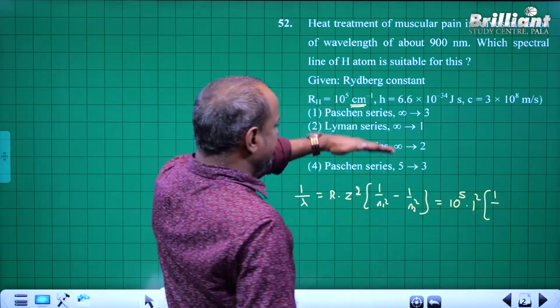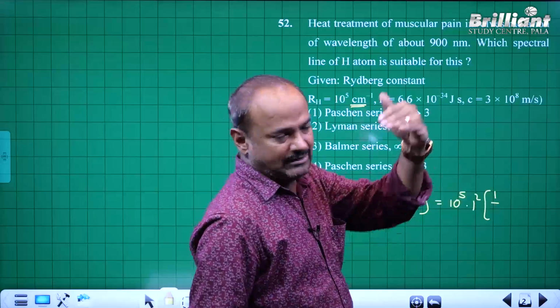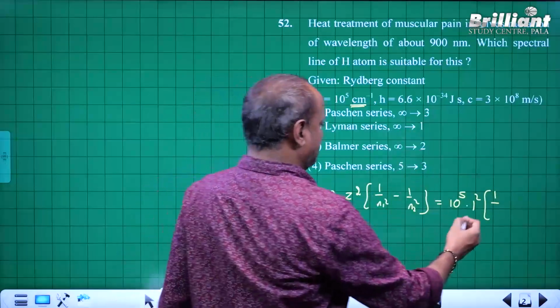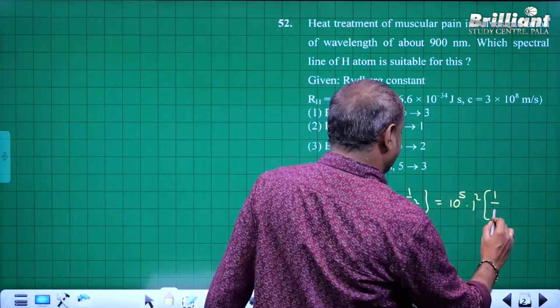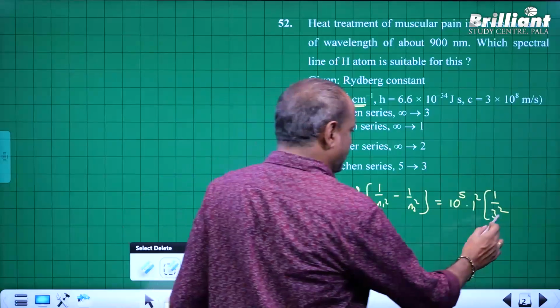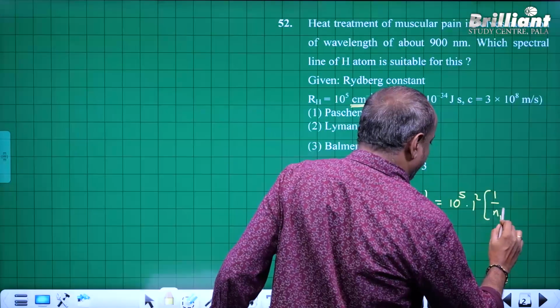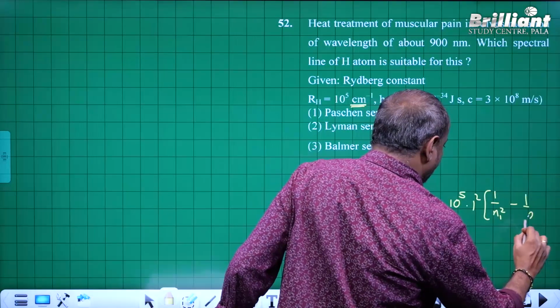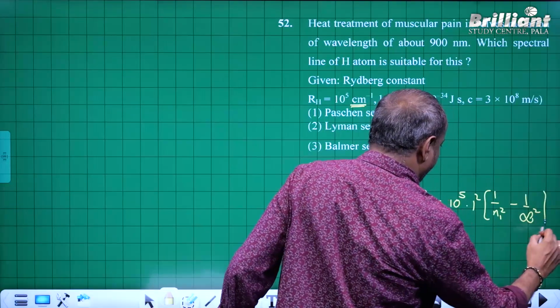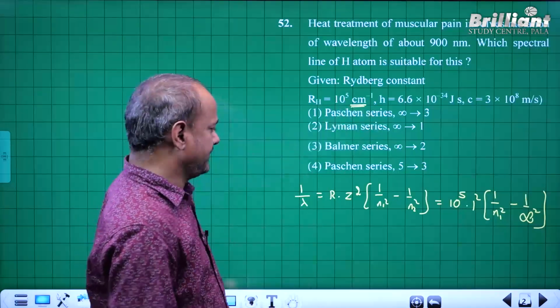Let us check first in these three options: upper level infinity, and we do not know the lower level n1. n2 value is infinity for these three options.